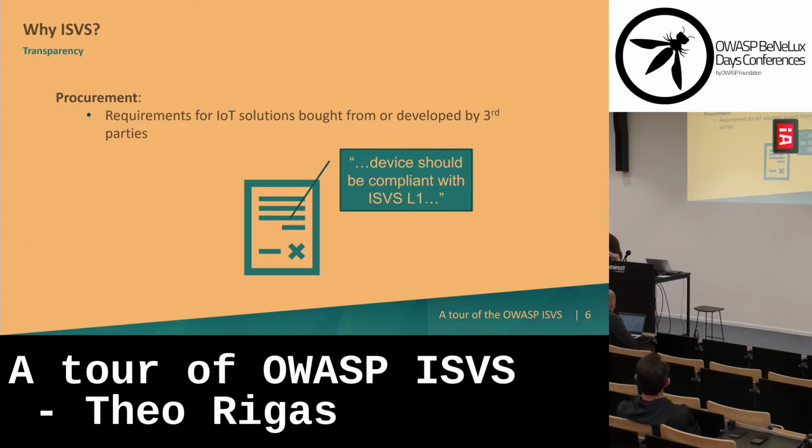It would be nice to have an easy interface with a third party to tell them, look, for security, I want the thing that you will build for me to adhere to this, and this requirement, right? So it would be very nice to have something to cover those three requirements, to help testers test IoT environments, to help developers develop secure IoT applications, and to help with procurement.